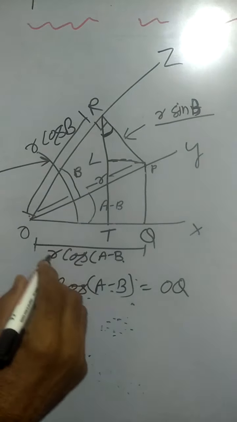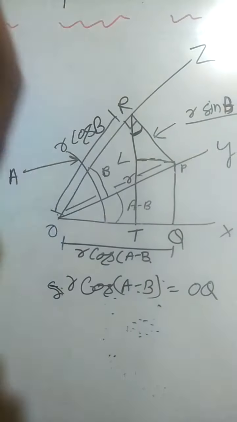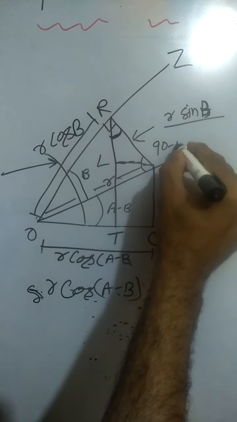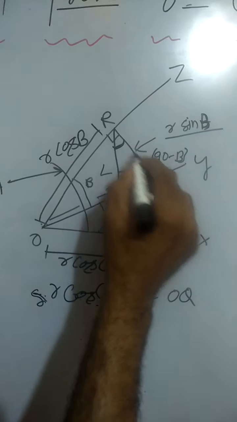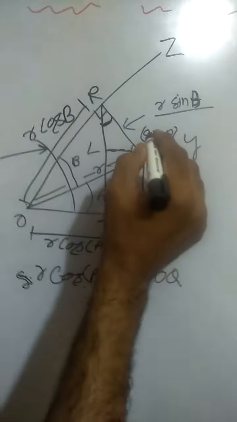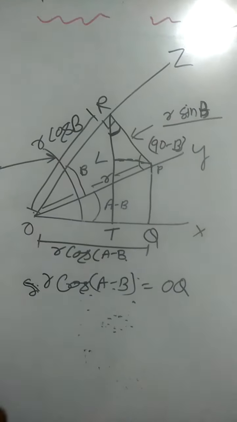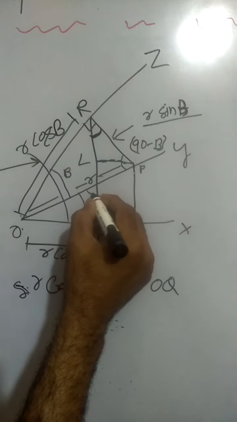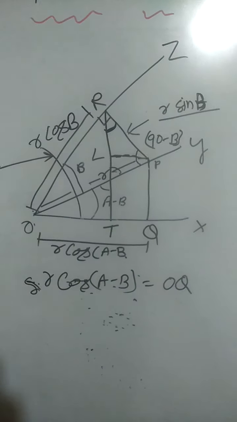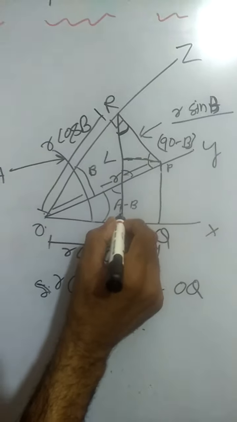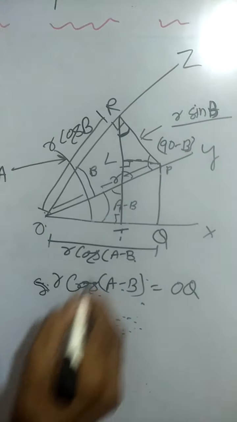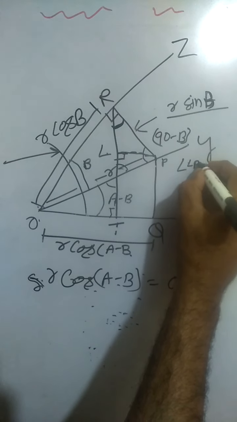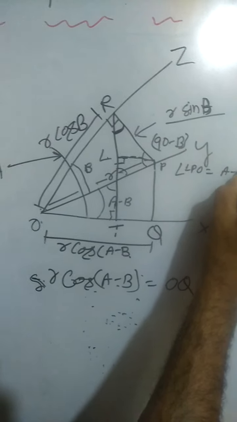Before proving this angle, we should keep these small triangles in mind. This whole angle RPO is equal to 90 minus B. Now in triangle ORT, this angle is equal to this angle, corresponding angle, and this angle is equal to 90 each, and angle LPO is equal to A minus B.